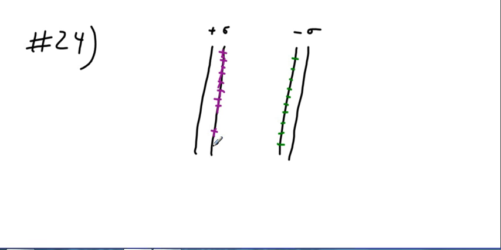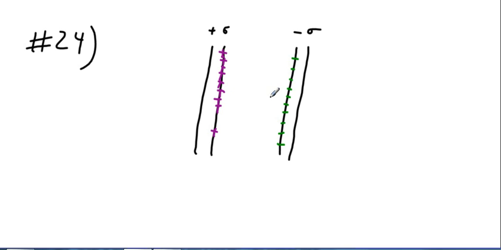They're going to move to the edges of the plate, and no charges are going to be on the outside of the plate. And these two are perpendicular to each other.